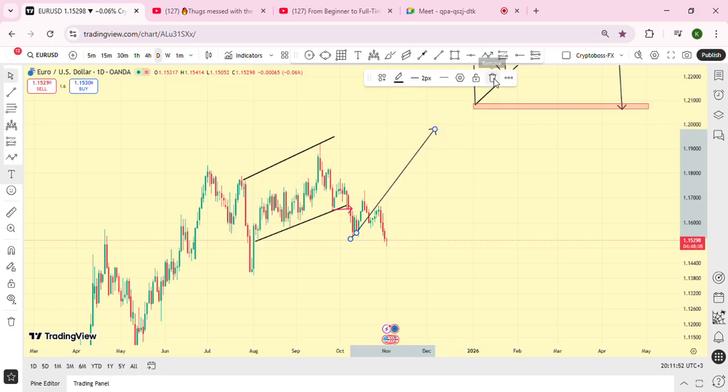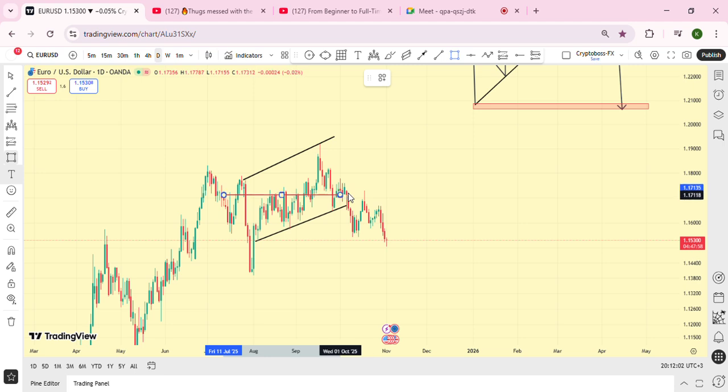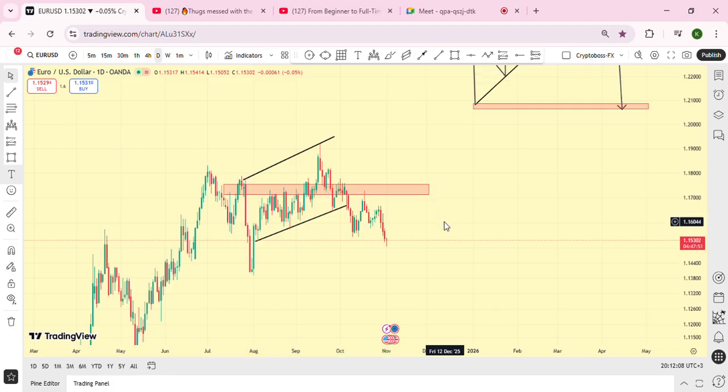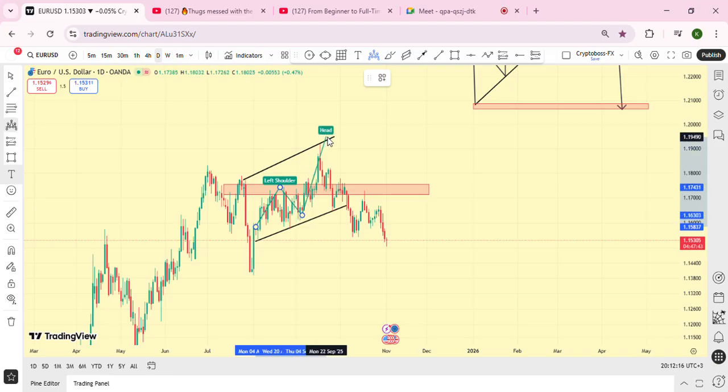By looking above those levels, you can see we had a very strong resistance zone somewhere around here. You can clearly see that here. After we have plotted that zone, if you start reasoning this pattern as a head and shoulders pattern, you can clearly see it.